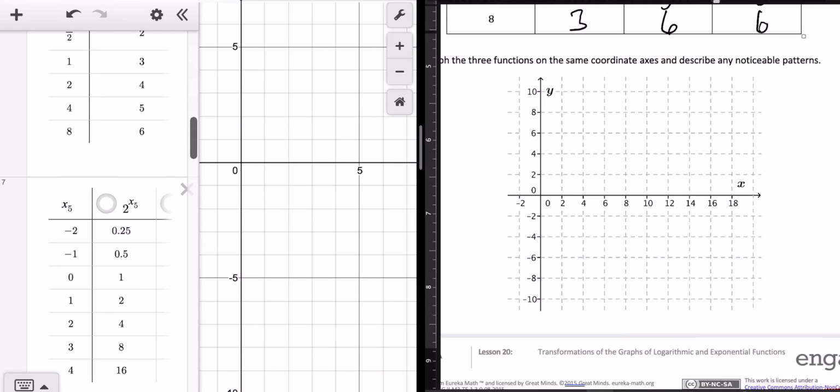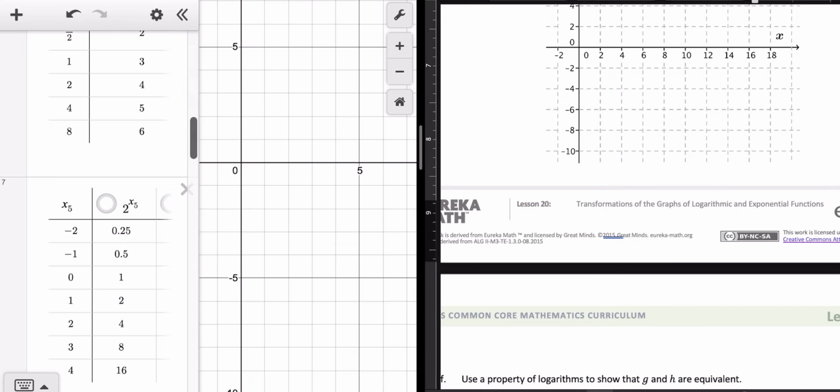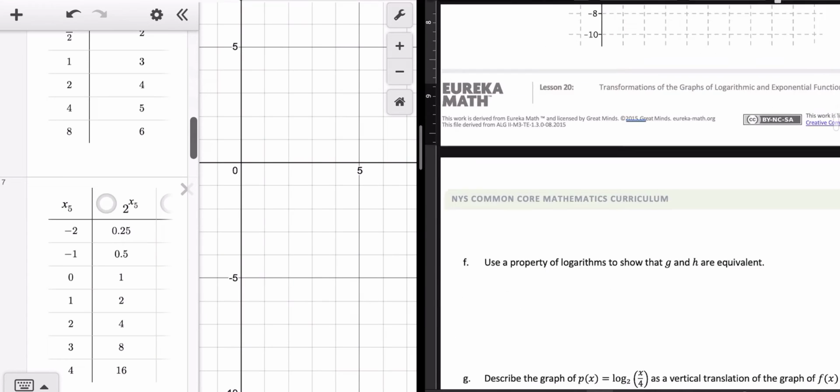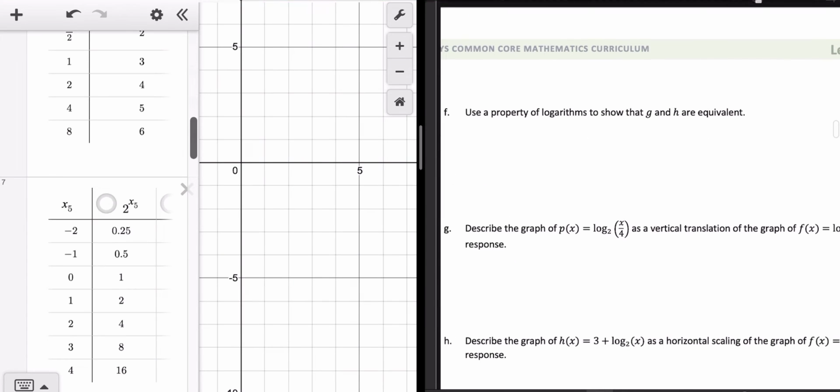And let's see what else it wanted to know. What did it say? And notice any pattern. Okay. Now here, let's use a property of logarithms to show that g and h, we've already shown that g and h are the same. Well, why is that? Why are they the same thing? Think about it.